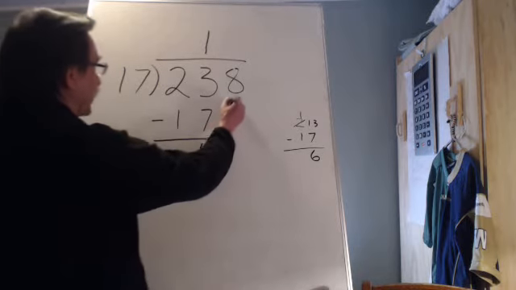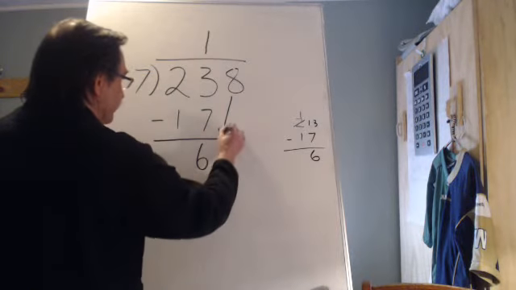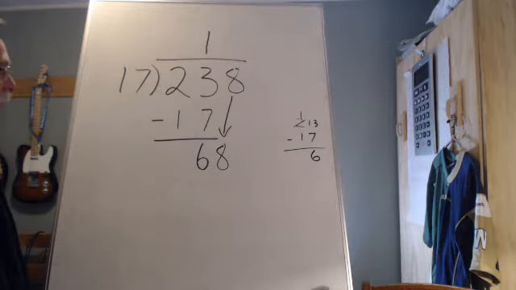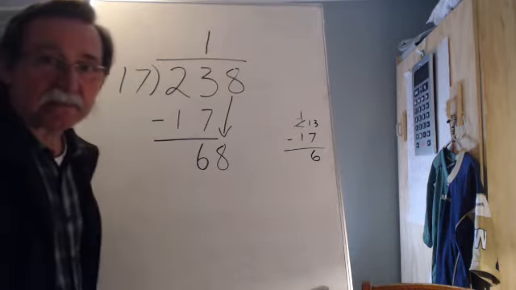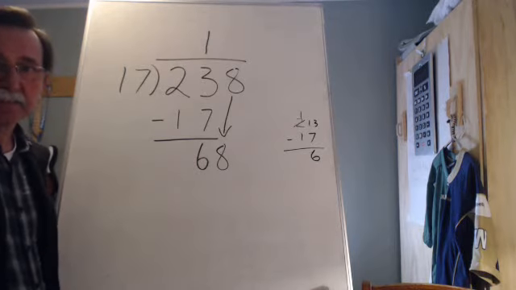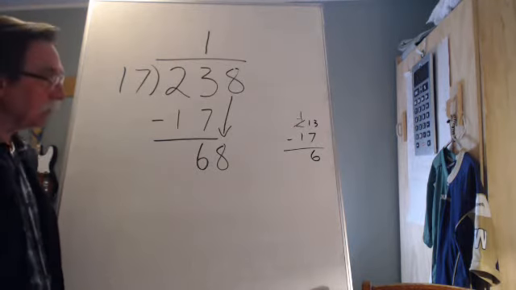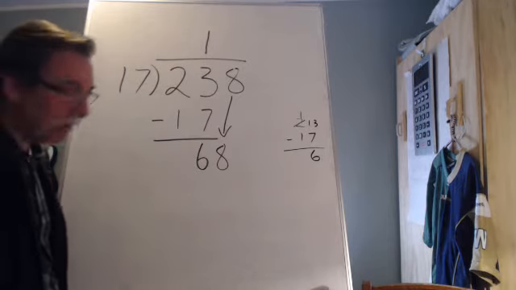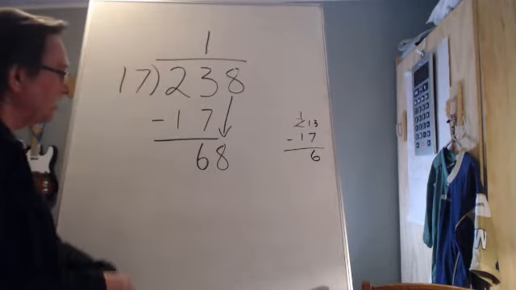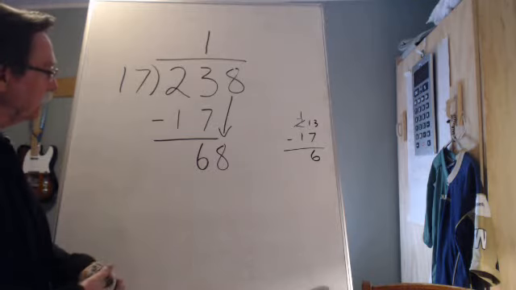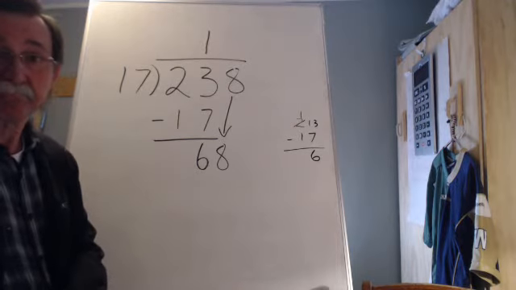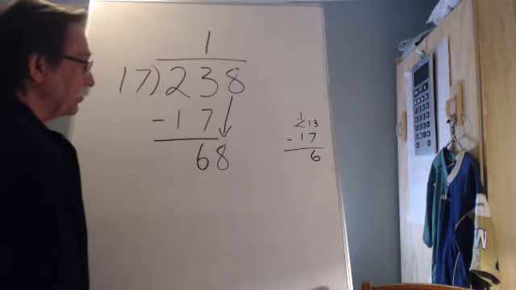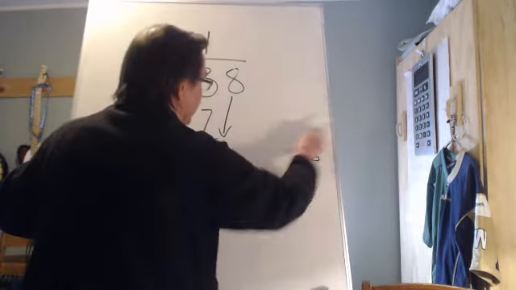Okay, so we bring down the 8. Oh my goodness. How many times does 17 go into 68? Well, what we're going to have to do here is go over to our side again and try. You could take a guess. Because I'm used to this, I know what the answer would be, but I'm going to take a guess.